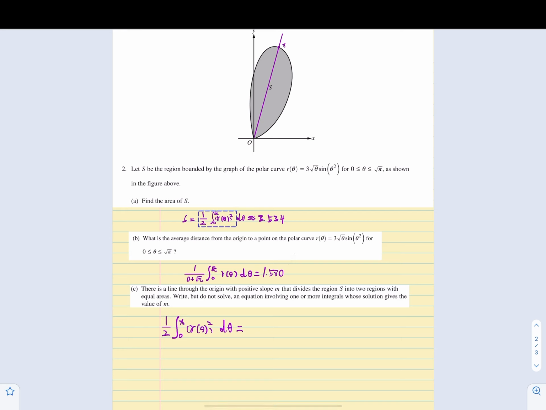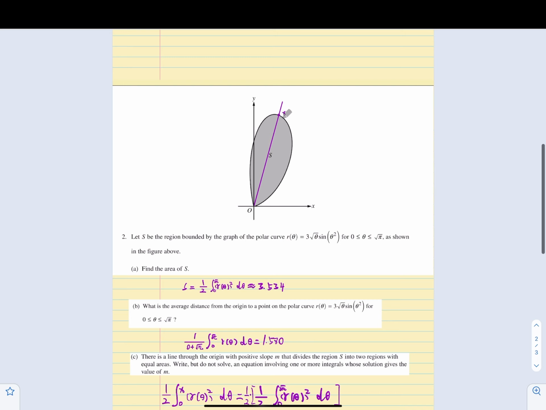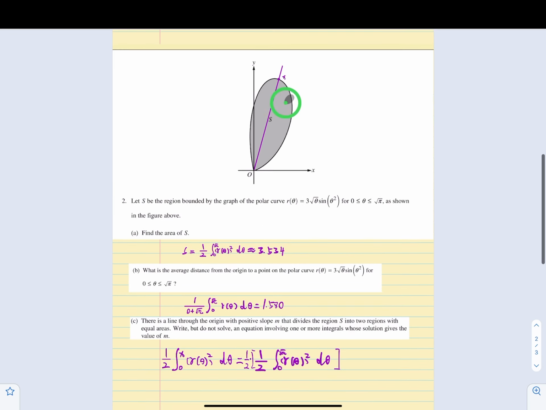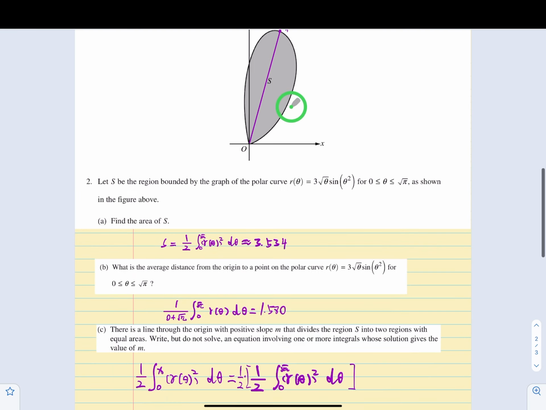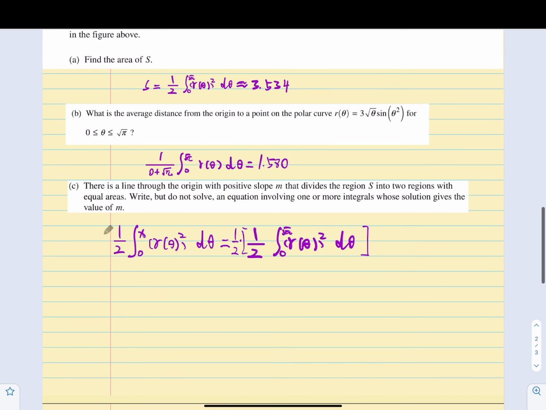So we copy this down and put it here, equal to half of the whole area, and this multiplied by 1/2 again. Now x is the value of the angle in terms of degrees, but we need an equation that is solved for m.